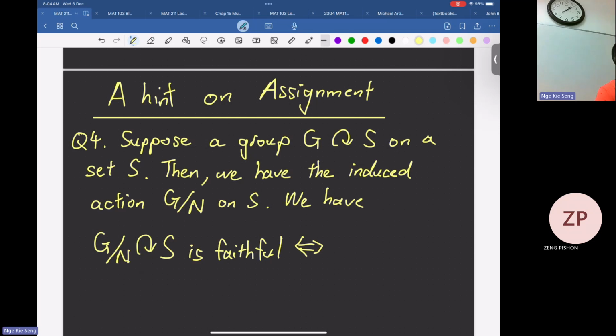So kernel of what? Of phi. We haven't defined phi yet. Okay, so the kernel of phi is N. But we haven't defined phi yet. What's phi here?